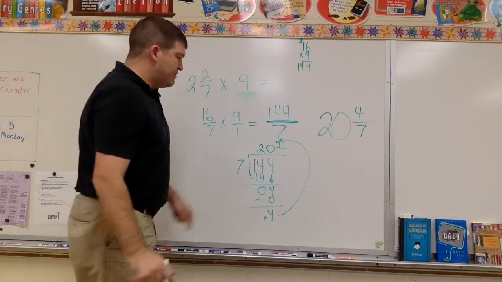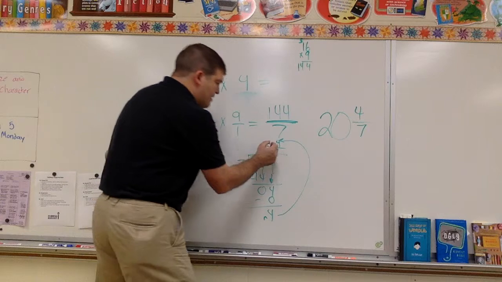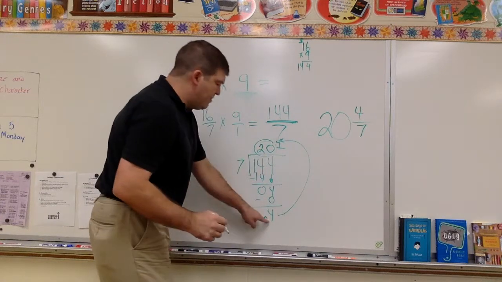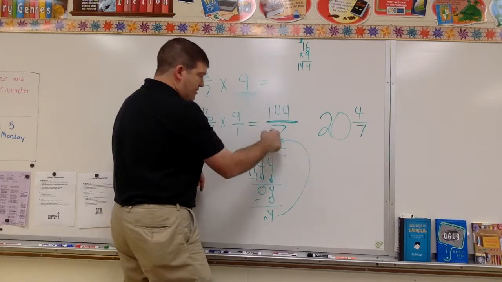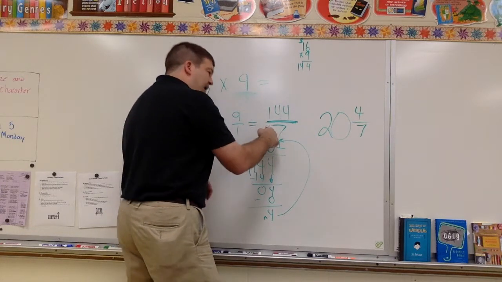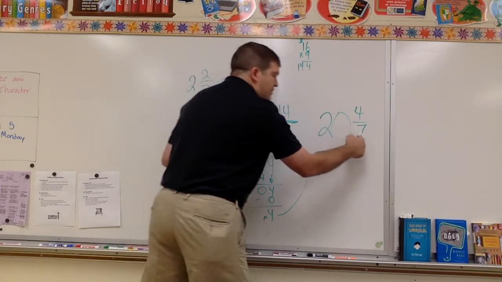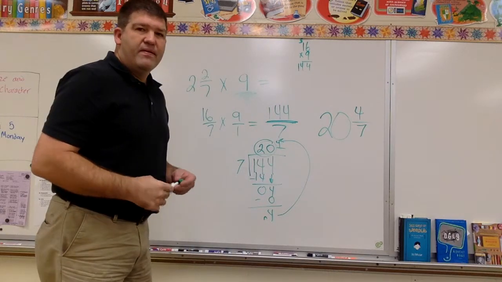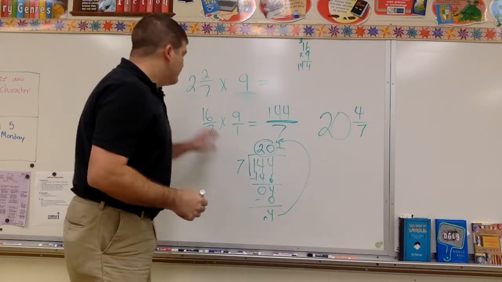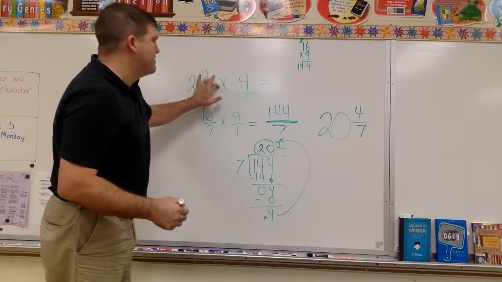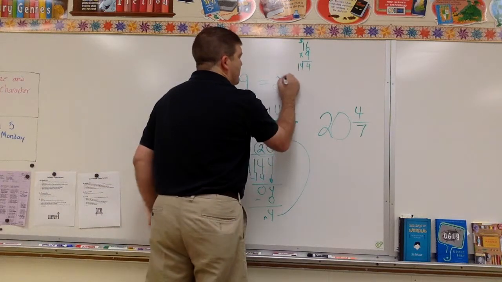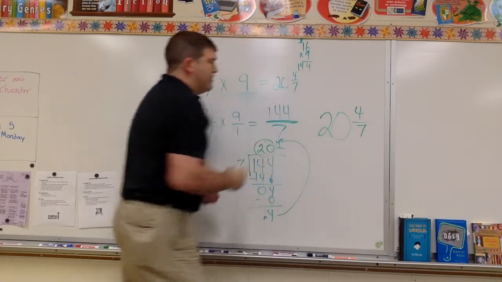Okay? So to remember, this is the whole number, remainder goes on top, and then what you start with, divided by this number, is your denominator. Okay? So 2 and 2/7 times 9 is 20 and 4/7.